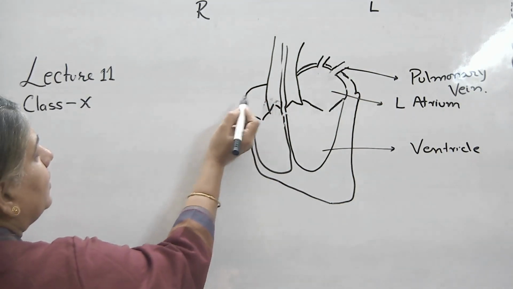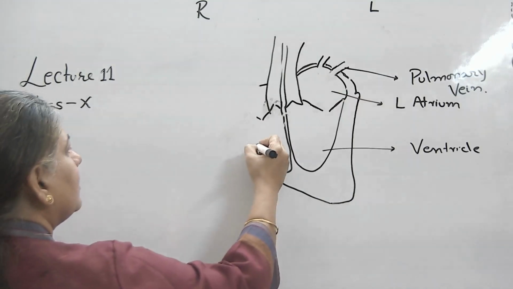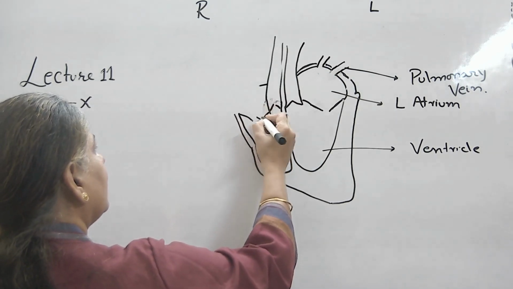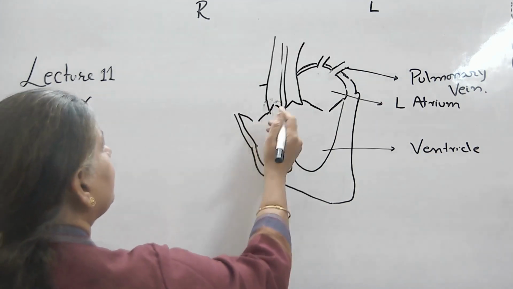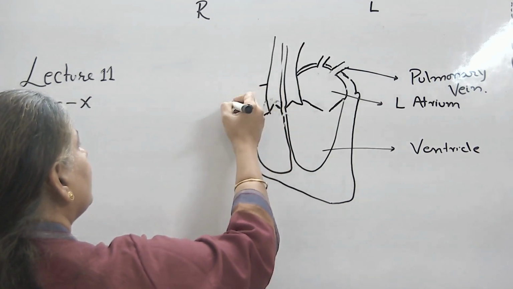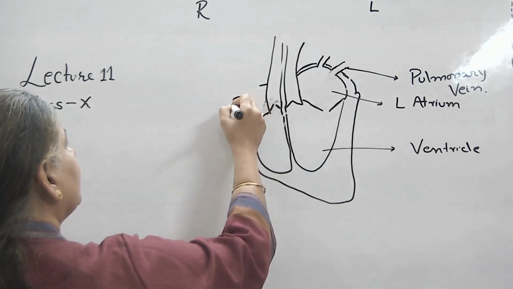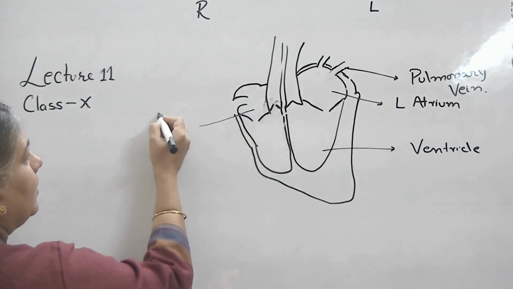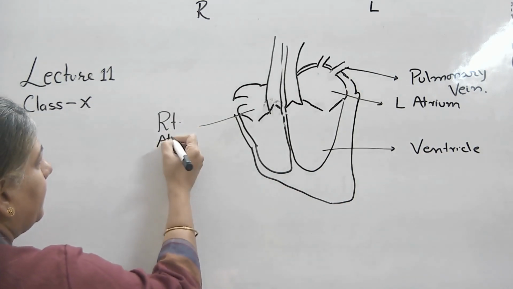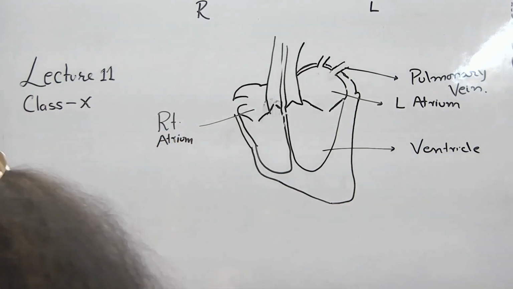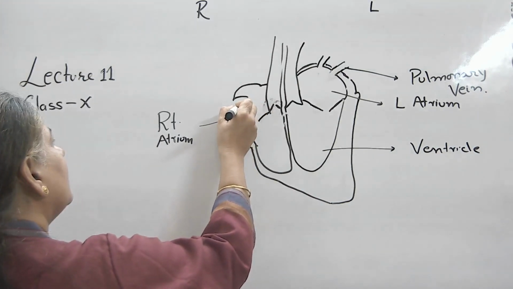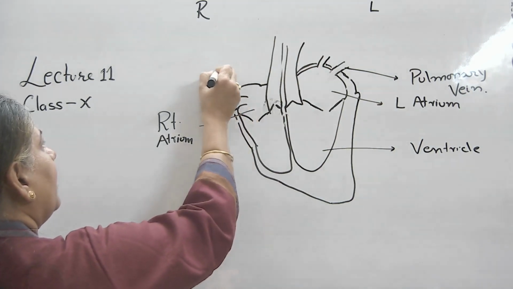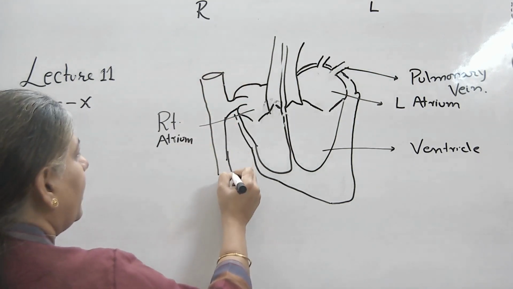Okay, this is the right chamber. So this is the right atrium and it receives blood from the largest vein of our body called vena cava.